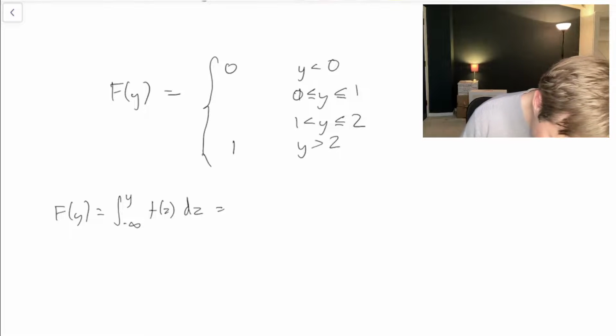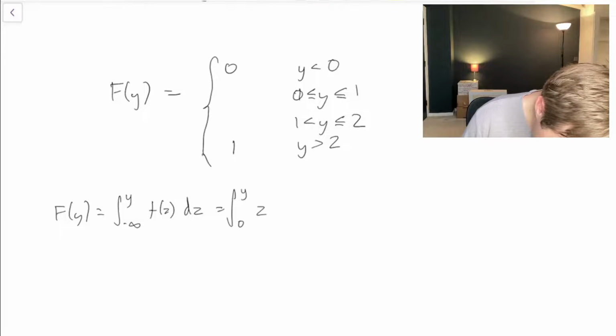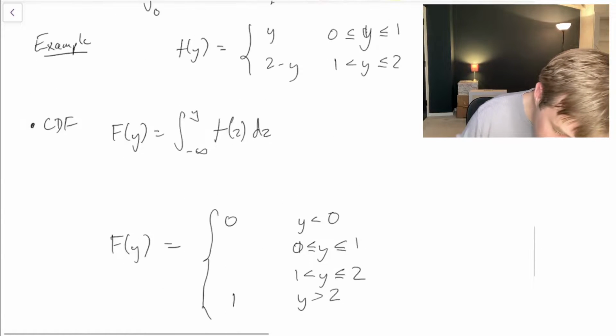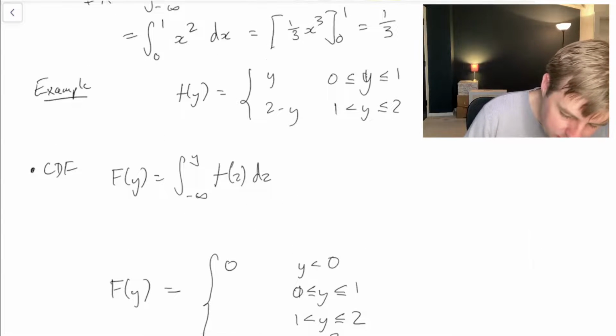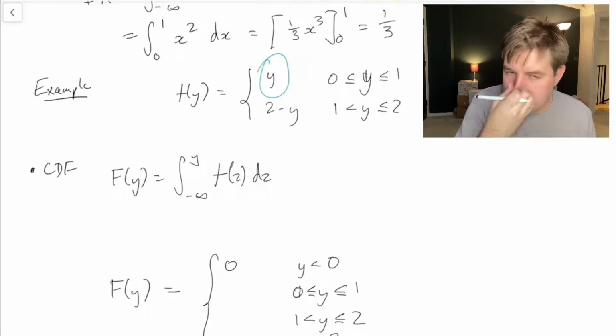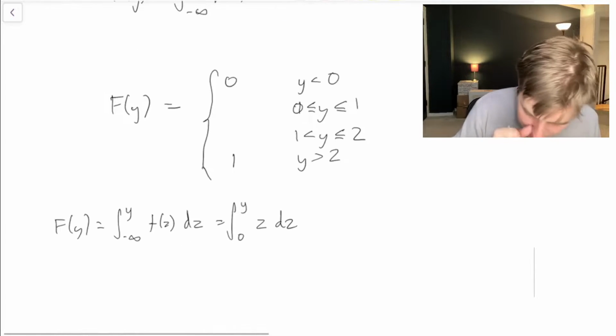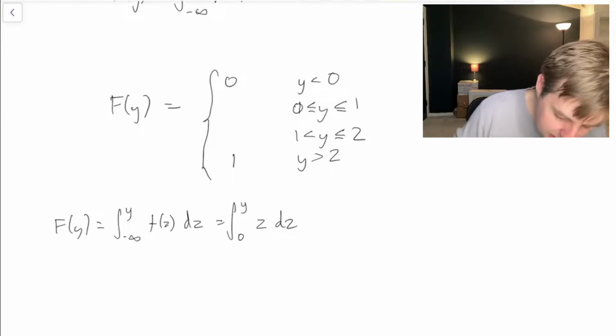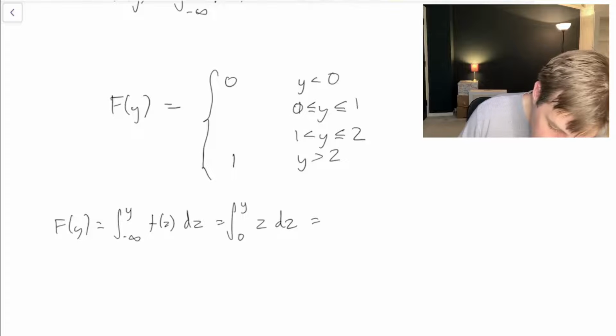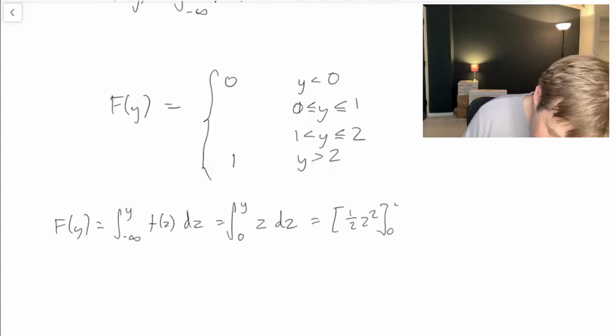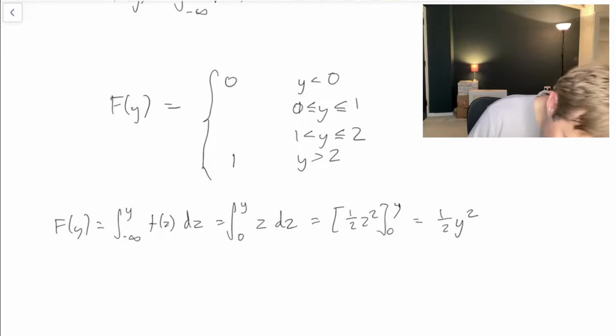So we've just got an integral between 0 and y of z dz, because that's this here. But now we've replaced y's with z's just inside this integral, just so we're not naughtily reusing letters. So again, that's a half z squared between 0 and y, which comes out as a half y squared.